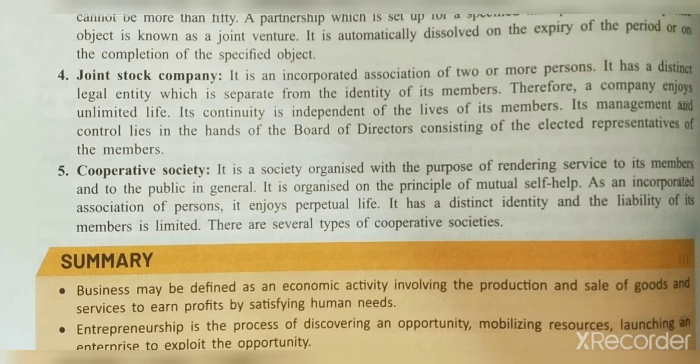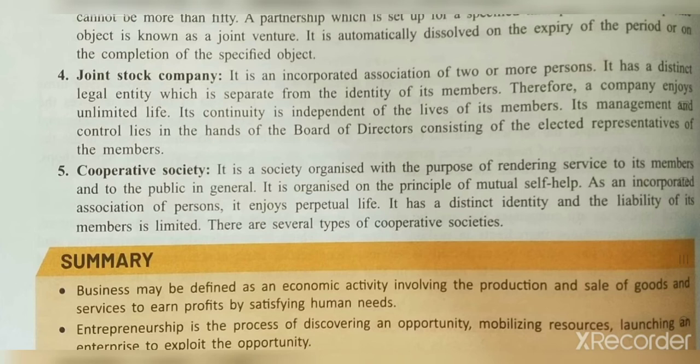As an incorporated association of persons, it enjoys perpetual life, and it has a distinct identity, and the liability of its members is limited, right? So we have a limited number of members. And in the cooperative society, the elected persons will have the power, right? That is all, it is a corporate form.